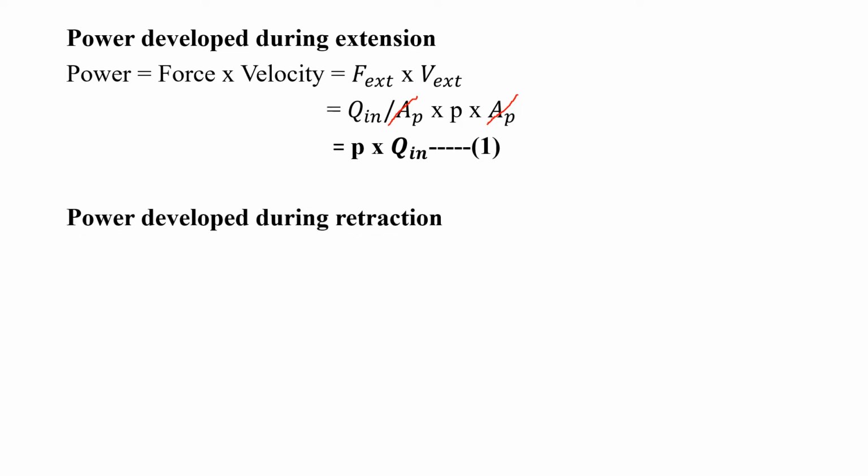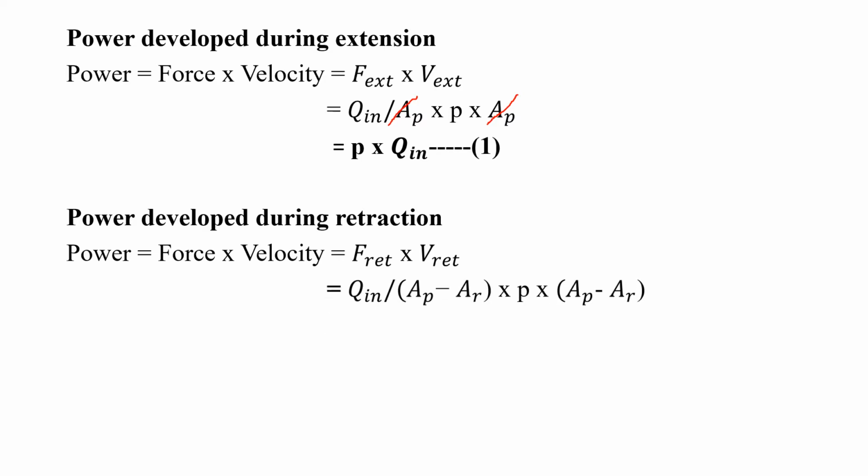Now we go for retraction stroke. Power developed during retraction stroke is also power equals force into velocity, that is F retraction into V retraction. Here the area of piston is replaced by annulus area.